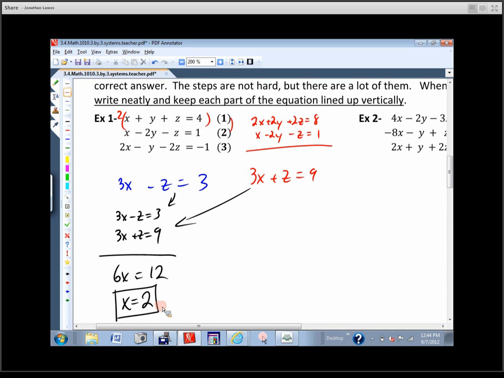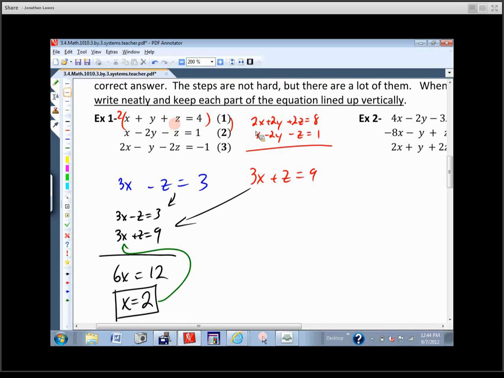So everybody watch, please. Tyler's going to tell us what to do, right? Yeah. You could just plug it into the 3x plus z equals 9. Okay. So he's suggesting plug it into this one right here. Now, could I plug it into this one? Sure. This one? Yeah, that's just the copy here. These are just copies. Could I plug it into either of these?